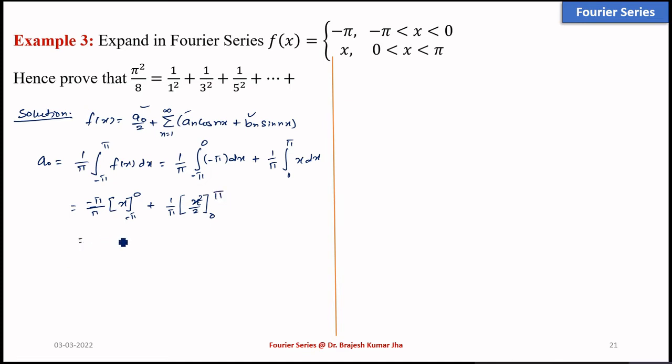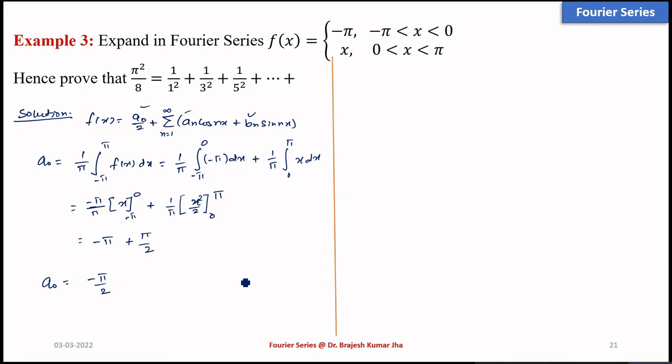So what we get here, this will be minus 1. If you put 0, minus, plus pi, and minus 1. So it is going to be minus pi plus, it will be what? Pi square by 2. So pi and pi will be cancelled, so it is pi by 2. So finally, a0 is what? Minus pi by 2 that we get.